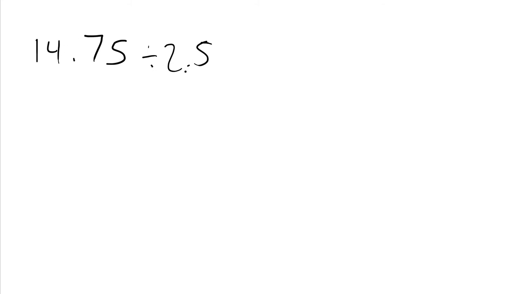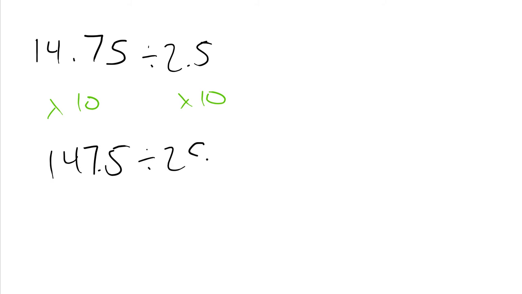Well, we know how to divide decimals if our divisor, this number here, is a whole number. Well, we can just multiply that by 10, right? So we multiply this number by 10 and this number by 10. We would get 147.5 divided by 25, which is still going to give me the same answer.